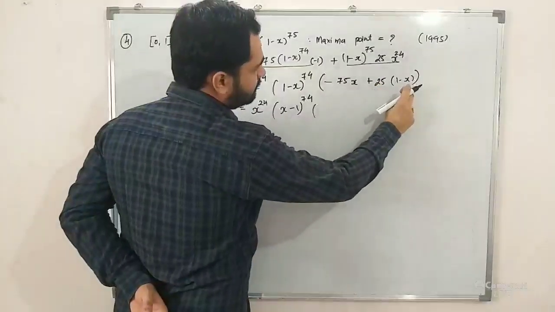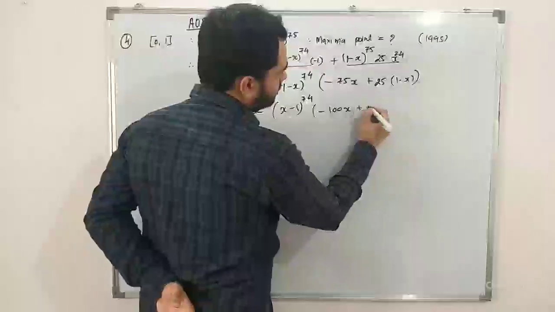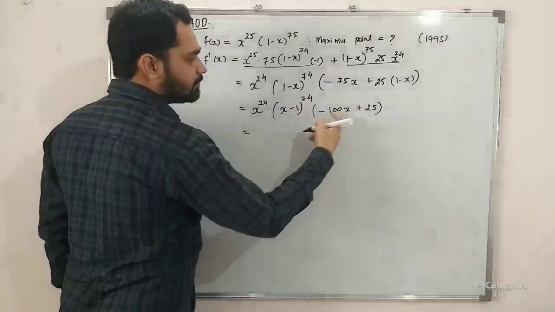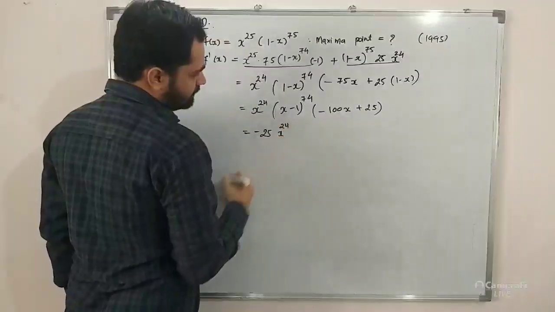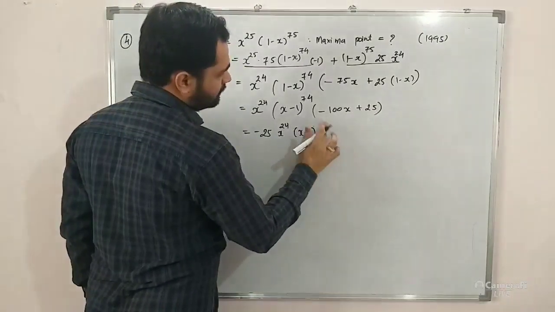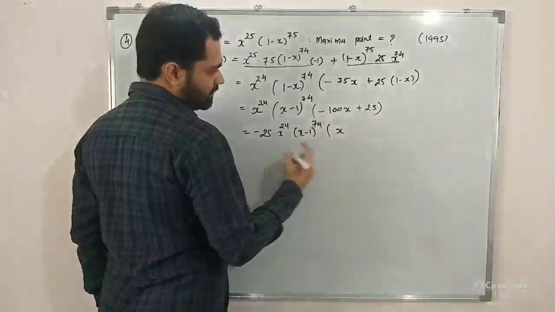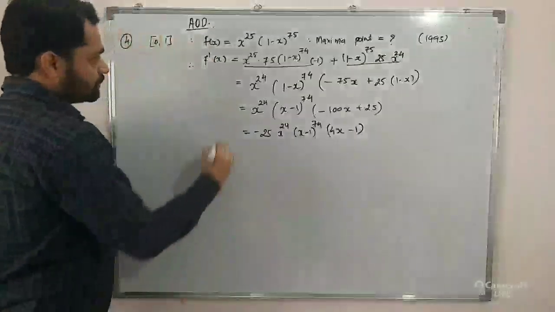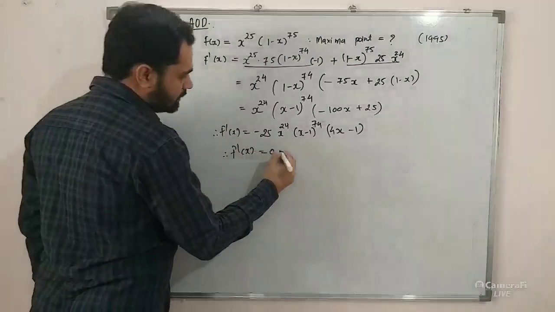Now here minus 25x and minus 75x means minus 100x plus 25. Taking minus 25 common, we will get x to the power 24, (x minus 1) raised to 74, into minus 25 times (4x minus 1). Okay, so now for the critical points we are going to compare f dash of x with 0.